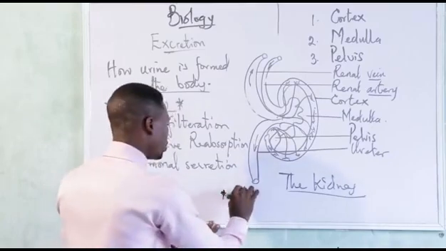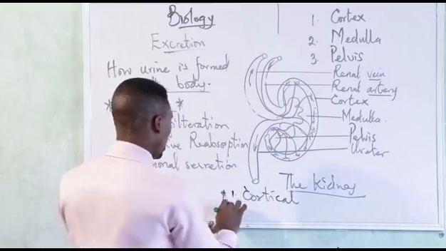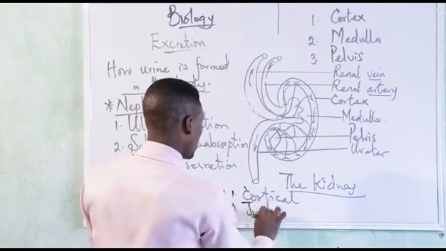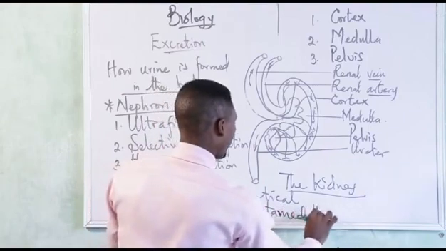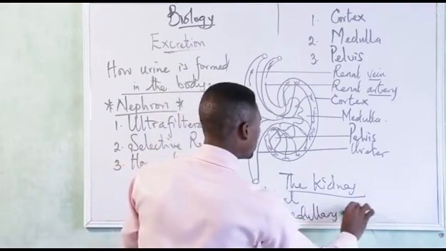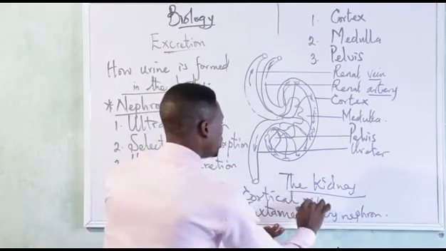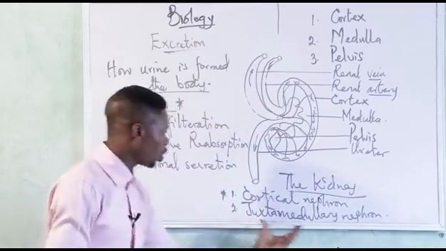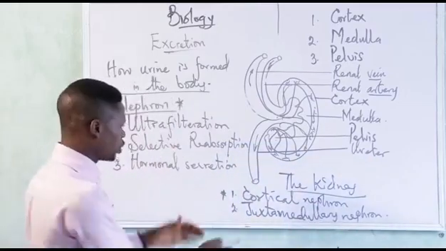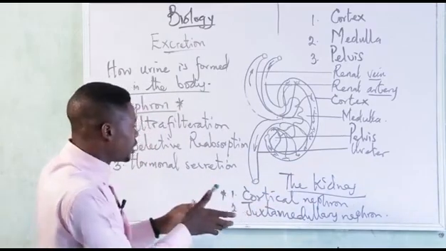You have the cortical nephron, and you have the juxtamedullary nephron. The cortical nephron is actually shorter than the juxtamedullary nephron. The juxta is longer.